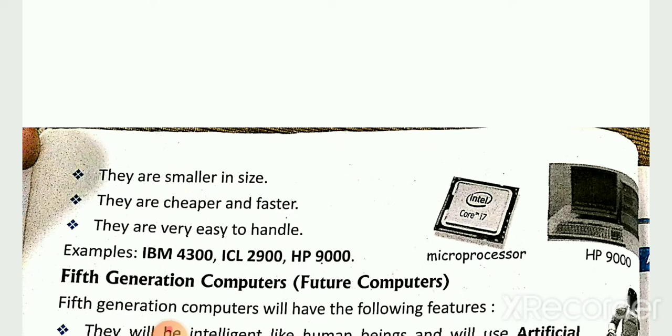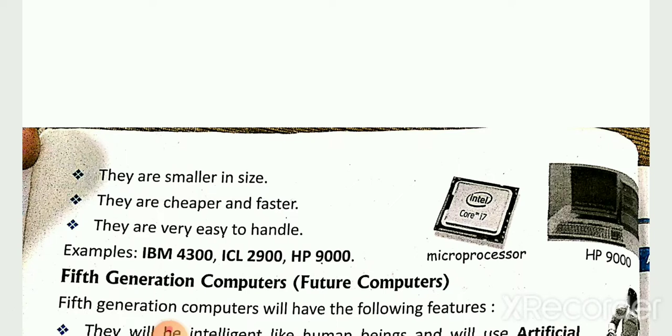The first picture is a microprocessor and the second one is HP 9000. The size of microprocessor is small. They are cheaper and faster. They are very easy to handle.